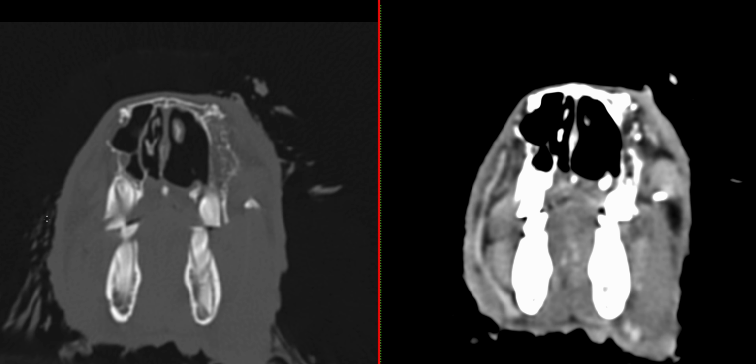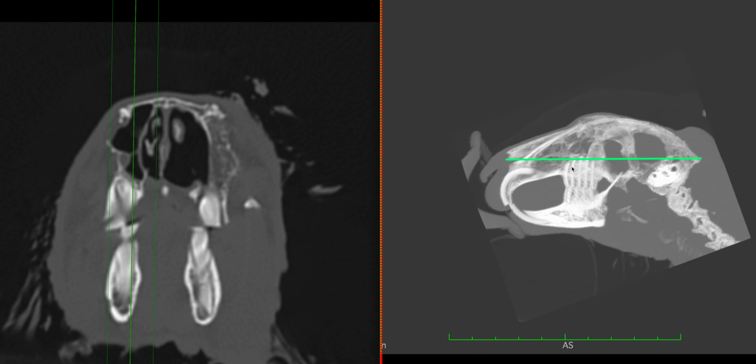Regarding instead the reserve crowns, we have generated a multiplanar reconstruction in maximum intensity projection, and as we did the last time, draw a line between the tip of the nasal bone and the occipital protuberance. And in this case we are on the right side, as we can see from the reference lines.